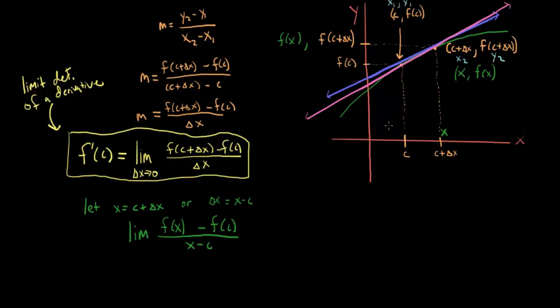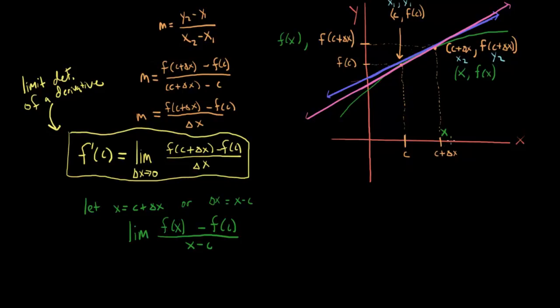So x comma f of x is the same thing as c plus delta x comma f of c plus delta x. So what we're saying is, as x gets closer and closer to c, the purple line is going to get closer and closer to the pink line. Whereas before we were letting delta x go to 0, which made c plus delta x get closer and closer to c.